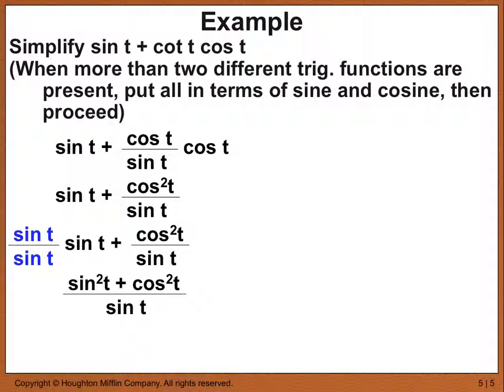And finally we use another Pythagorean trig identity, which states that sine squared t plus cosine squared t equals 1, and so we have 1 over sine t. And that, of course, is the same as cosecant t. So our final answer is cosecant t. That's as simple as we can make this original expression.